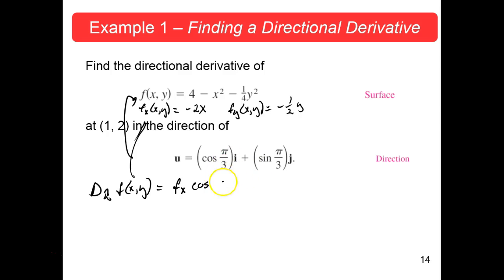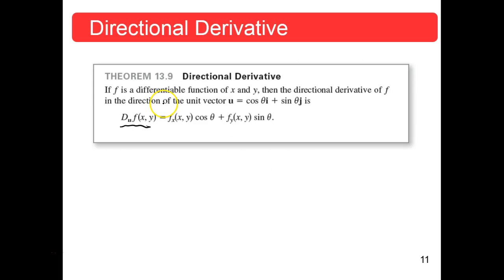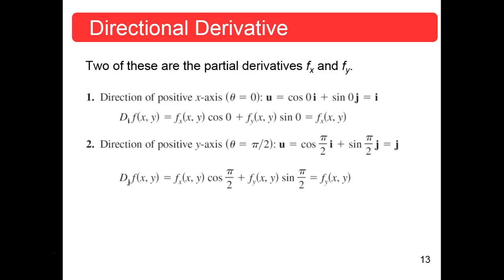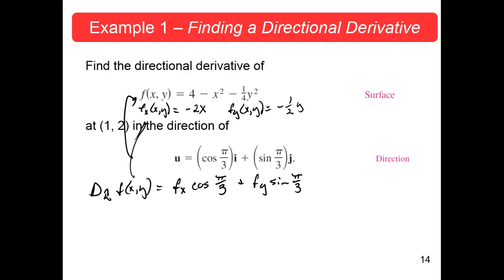Cosine pi thirds plus partial with respect to y sine of pi thirds. Okay, that's exactly what this thing told us. That is the directional derivative in those two directions, in that direction.